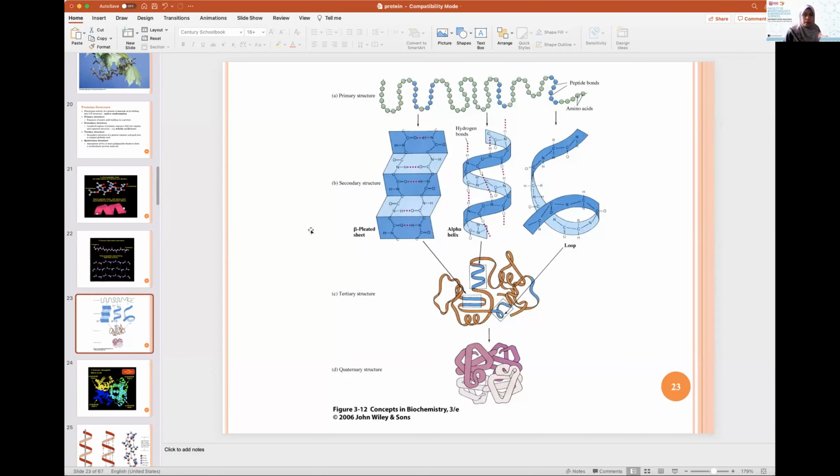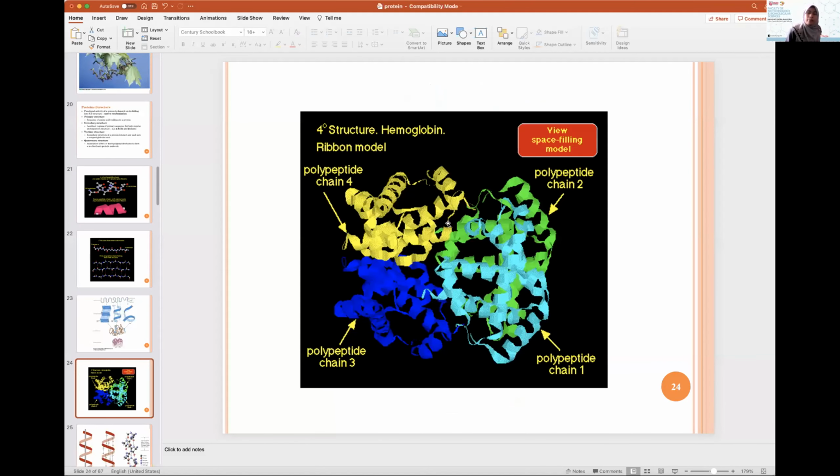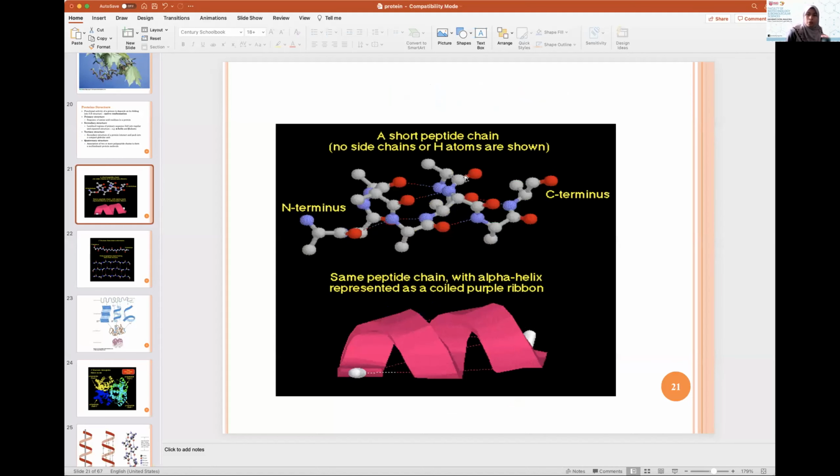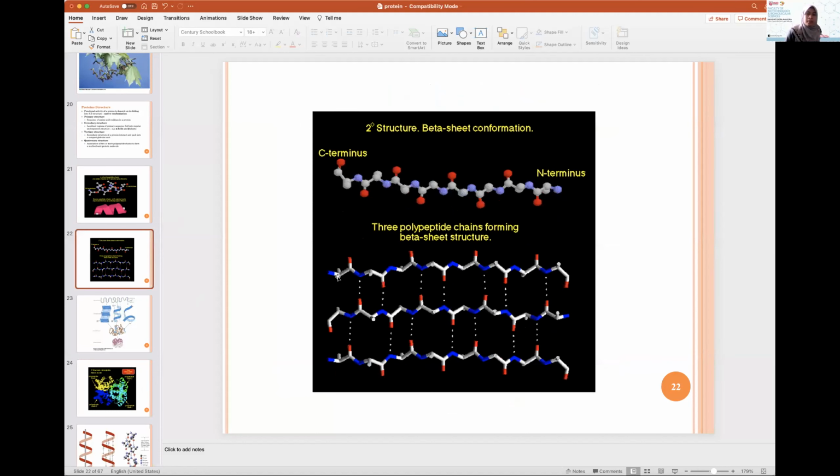Then we have this one, hemoglobin, with the ribbon. In the protein structure, the protein can be represented by ball and stick, with the ball and the stick representing the protein structure. It can also be represented by wire.